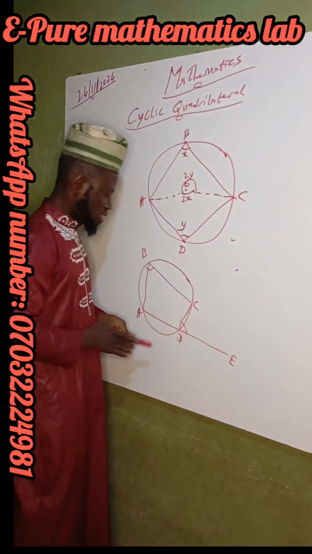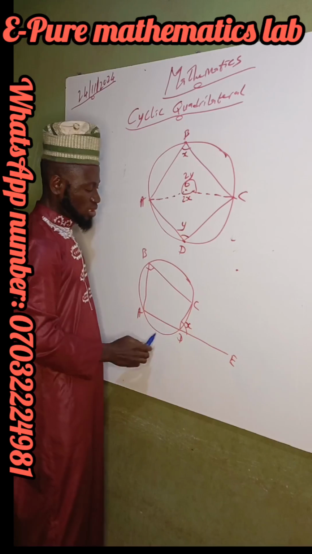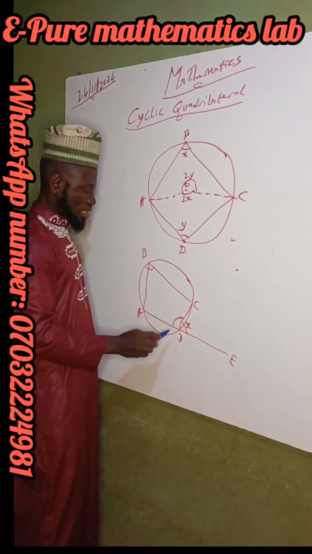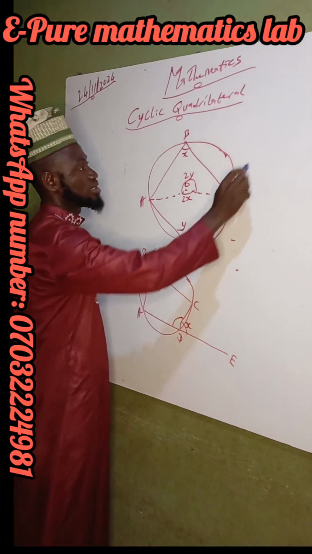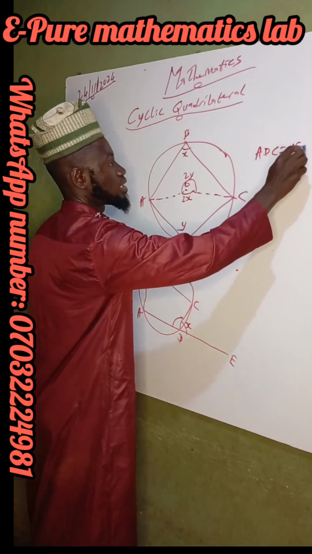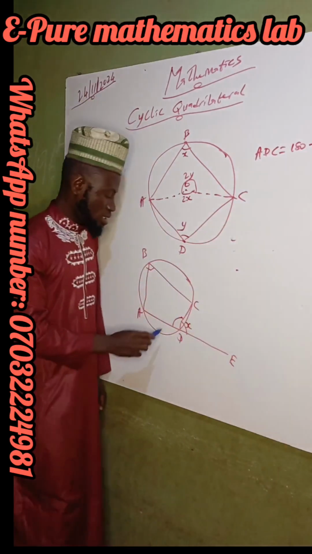What we are trying to say here is, let me assume this angle is x. If this is x, then I can find this place. I can say ADC is equal to 180 minus x. Reason: angles on a straight line.